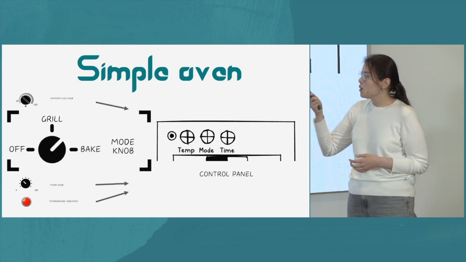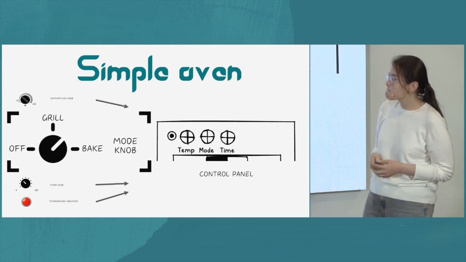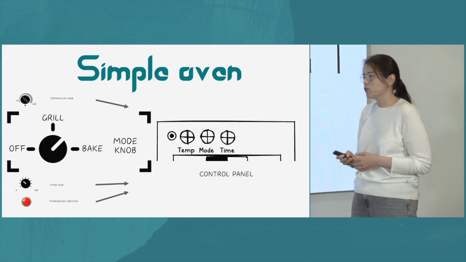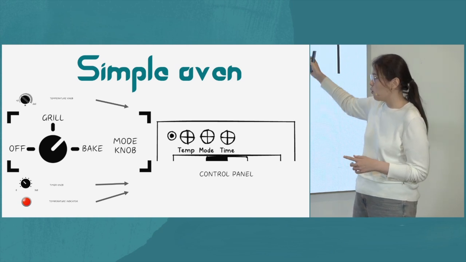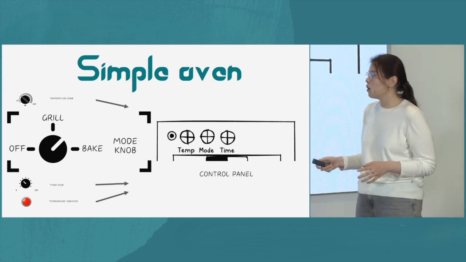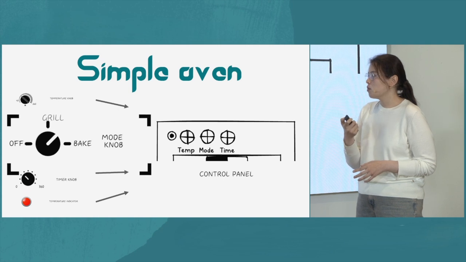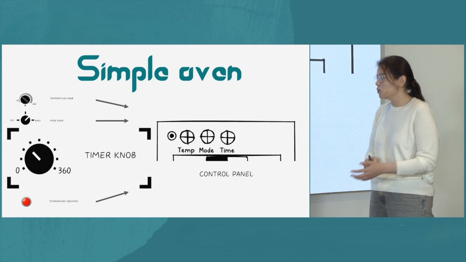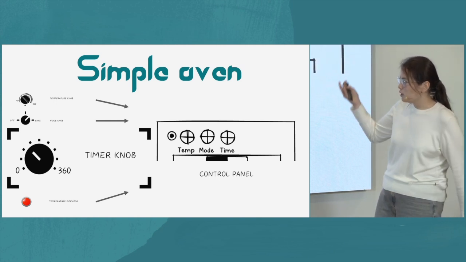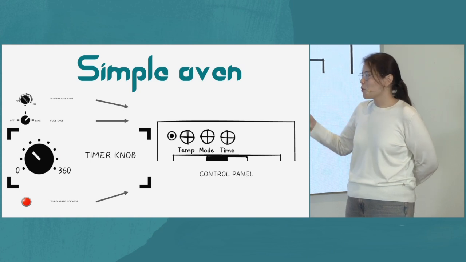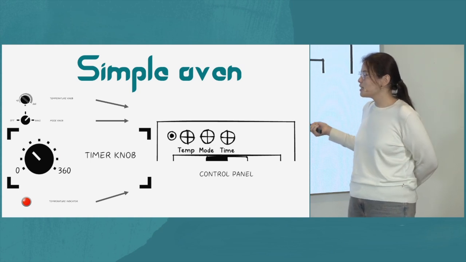Then we have a mode knob. We'll have a grill mode, which turns on the heating unit inside the oven and the fan. Bake would just turn on the heating unit. Next, in order to find out when our food is ready, we need a timer. The timer goes from 1 minute to 360.